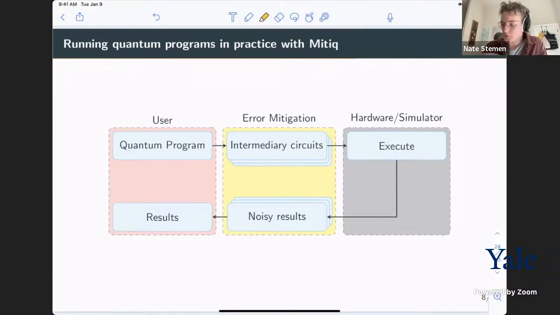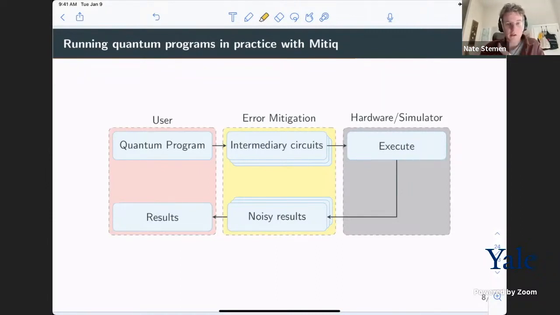But what we're going to do is take the circuit that you want to run. We're going to generate intermediate circuits. For example, in zero noise extrapolation, we'll generate the noise scaled circuits. In probabilistic error cancellation, we'll sample the circuits. You'll have to tell us some other information so that we can sample the circuits effectively. We then use the execute function that you've told us about to run those on your backend, and we collect the noisy results, and then we do some sort of interpolation or extrapolation, or use the estimator that we saw on the PEC slide.